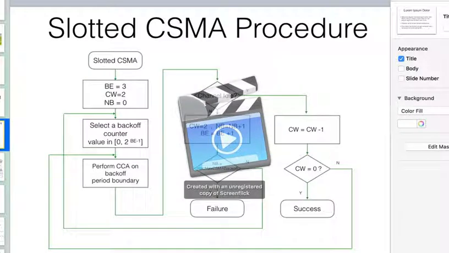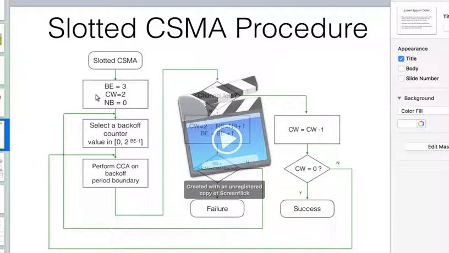And so according to this diagram, in the slotted CAP, or CSMA, when a node has a new data frame for transmitting at the MAC buffer, at first it initializes these three parameters: NB, or random backoff stage experienced, the initial value of this parameter is 0.